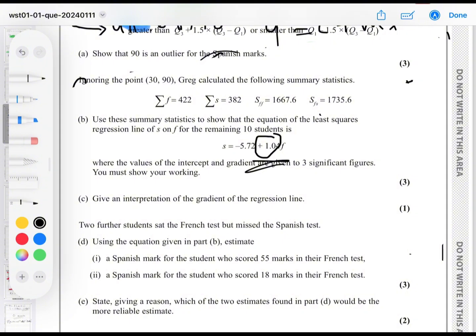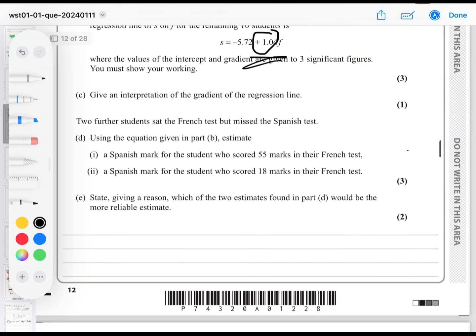Since the gradient is positive 1.04, as the French students' marks increase, the Spanish students' marks also tend to increase. If a French student scores one additional mark, the model suggests that the Spanish students on average would score 1.04 more marks. So now moving towards the next part, D.